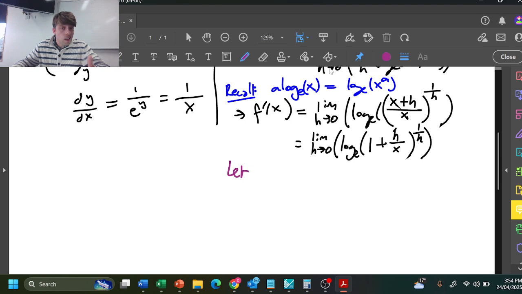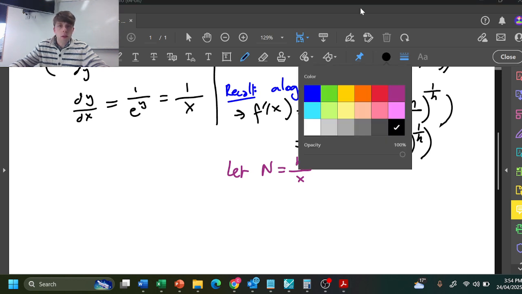I was going to let it be n, but I might get the h's and the n's confused. So let's let it be capital N, because we want n to be involved here. So I'm going to let capital N be equal to h over x. Okay, so let's introduce it like this and see what happens.